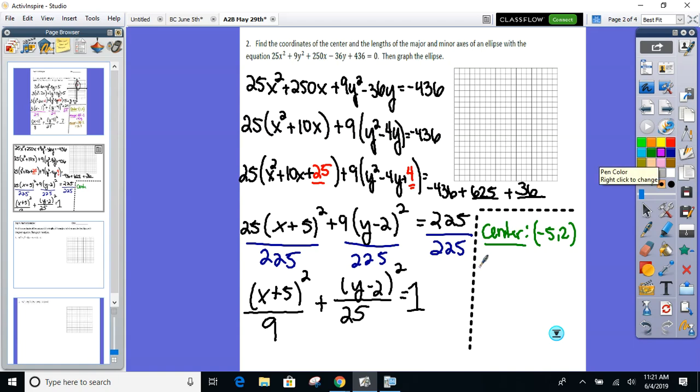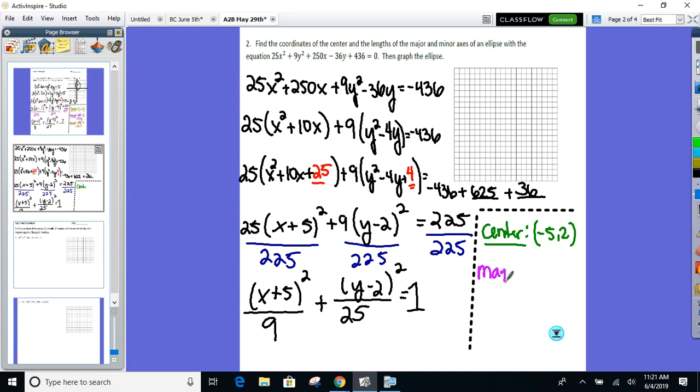All right, without me giving you hints here, how long is the major axis? 10, right? You take the square root of 25 and double it. The minor should be square root of 9 times 2, 6.